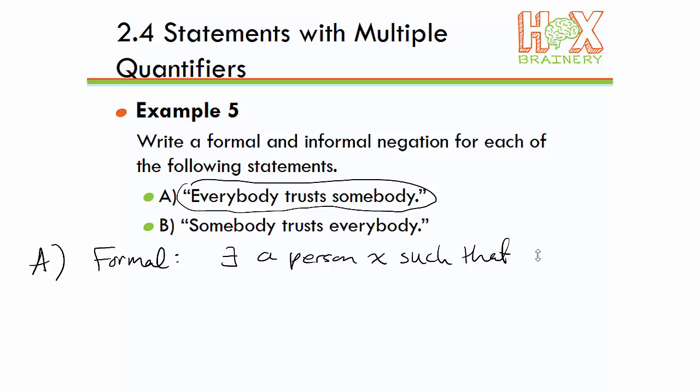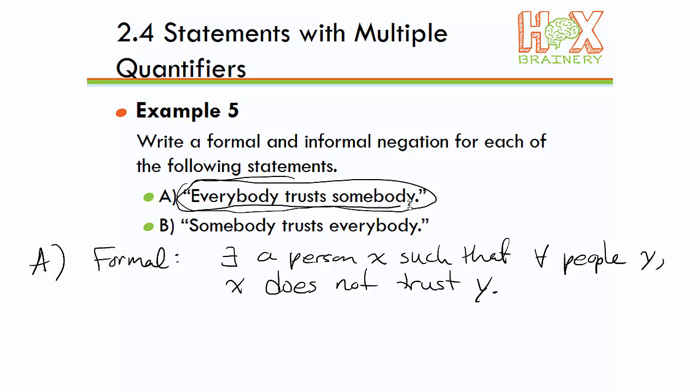So we'll say for all people Y, X, and then we're negating this, so does not trust Y. And then compare them, have these notes in front of you, look at the formal version of this. When you're writing the formal version of the negation, that will help.